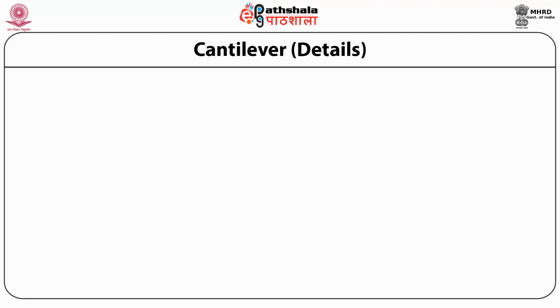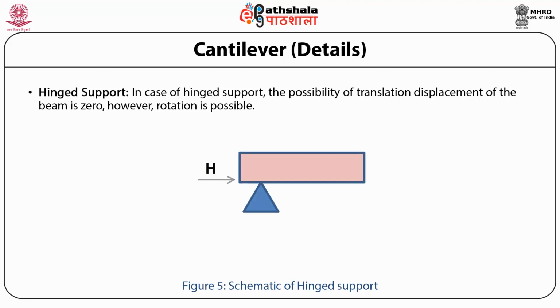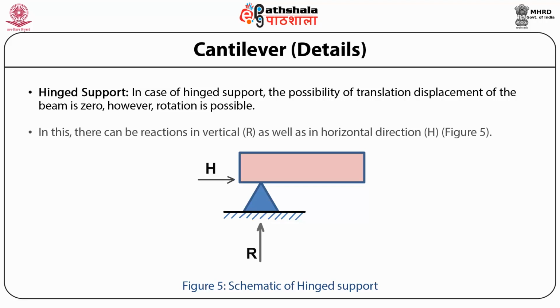The second type of support is the hinged support. In case of hinged support, the possibility of translation, that is displacement of the beam, is zero. However, rotation is possible. In this case, there can be reactions in vertical as well as horizontal directions.